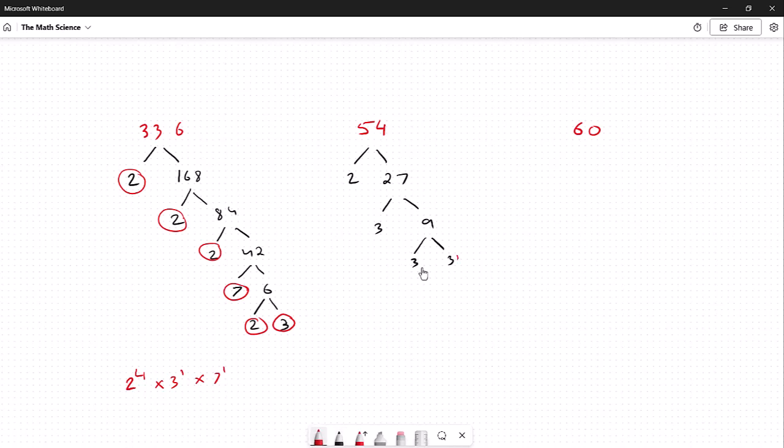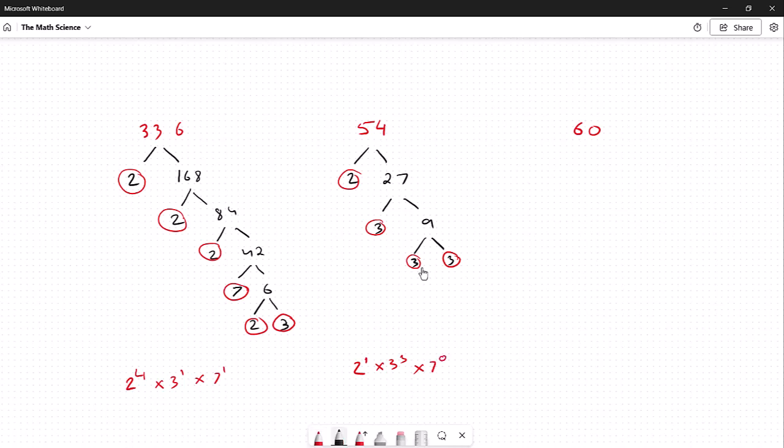Now let's circle all of our prime factors here. So this just becomes 2 to the power of 1 times 3 to the power of 3. And then since we have a 7 here, we do not have a 7 here, so we can simply say 7 to the power of 0.